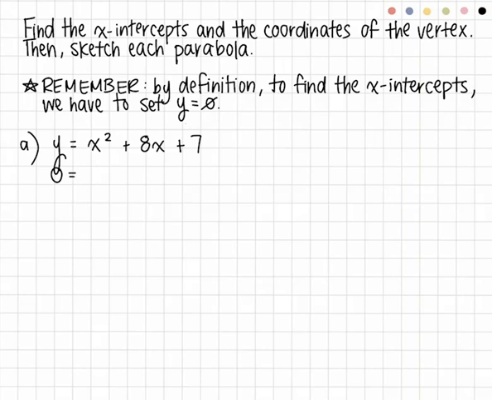Then we're going to take a look at this trinomial and start to factor it. I see that I have an a value that's equal to 1. So I'm looking for a product of 7 and a sum of 8. I'm going to set up my chart here. I should have said I'm looking for a product of positive 7 and a sum of positive 8.